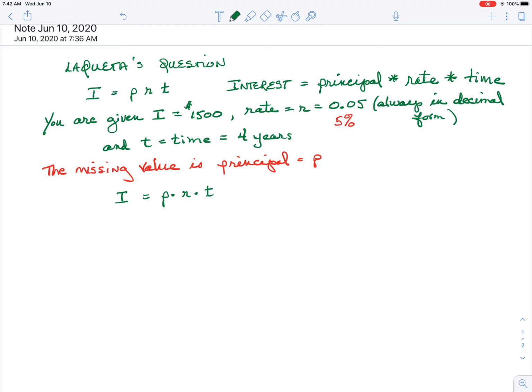And in order to solve this so that P is left standing by itself, which is my goal, I'm going to divide away, and I'm using division because the connecting operation up there is multiplication. The reason I'm dividing out both the R and the T is because those are the two pieces that I do not want over there on the right hand side. But of course, to keep it balanced, you have to divide by R and T also.